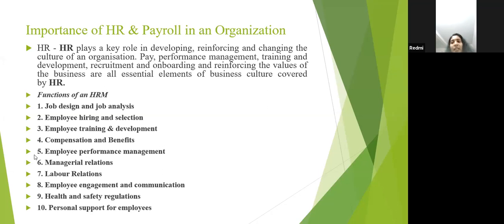Many times selecting a person for an organization is quite difficult, as we all may have attended interviews and can understand.